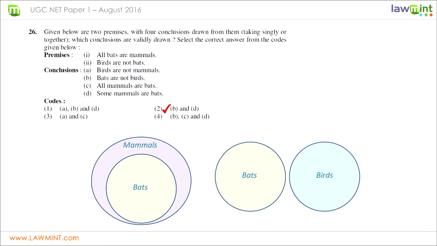And similarly, if we look at the conclusion D, which says some mammals are bats, because bats as a group is completely enclosed within the group of mammals, if bats are mammals, then some mammals must be bats. Therefore, the 2 conclusions that can be validly drawn are B and D, and the correct answer choice here is option 2.